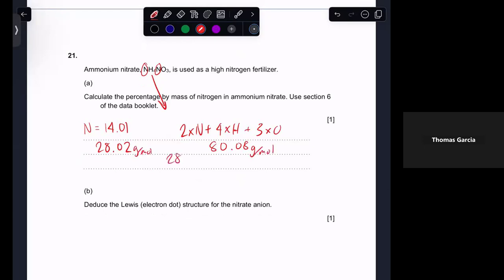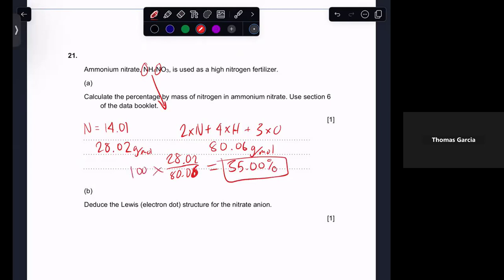So 28.02 divided by 80.08 is equal to a grand total. Oh, you know what? I made a mistake here. Another one. It's not 80.08. It's 80.06. That's a grand total of 35.00% when you multiply by 100.